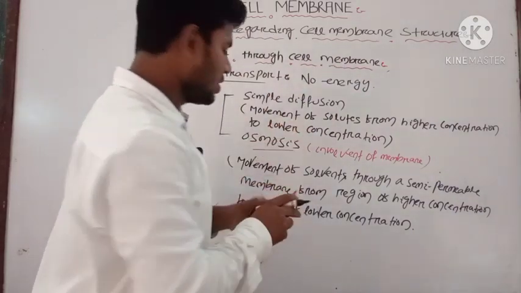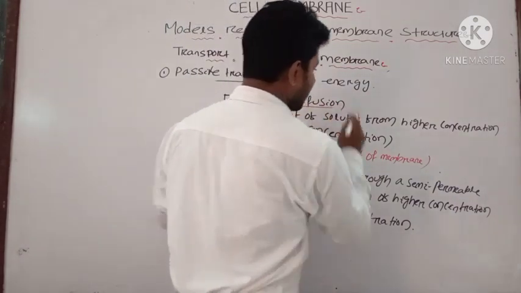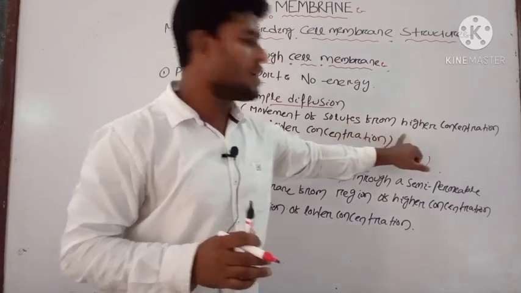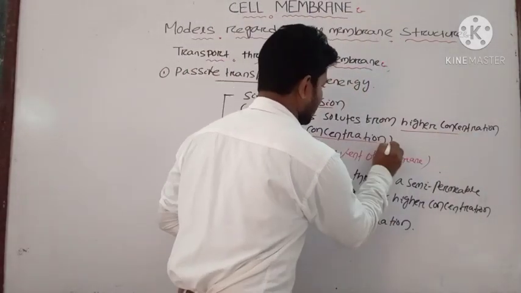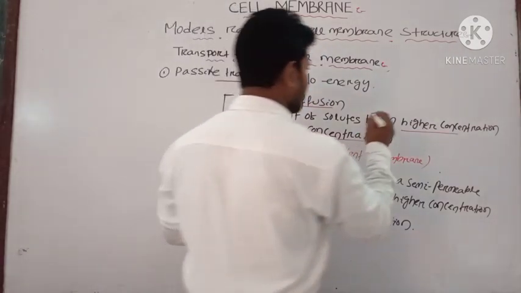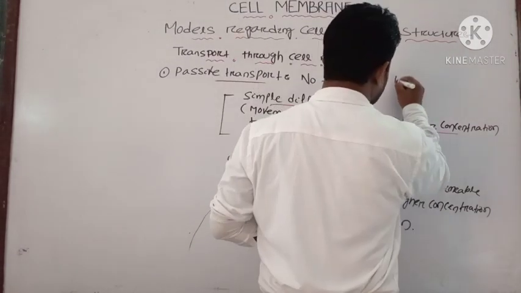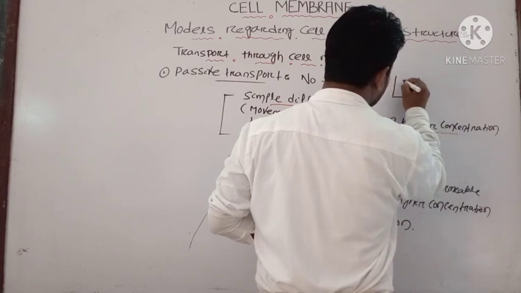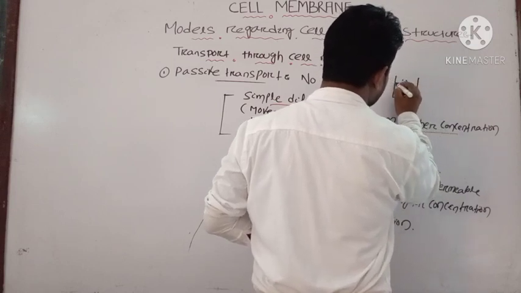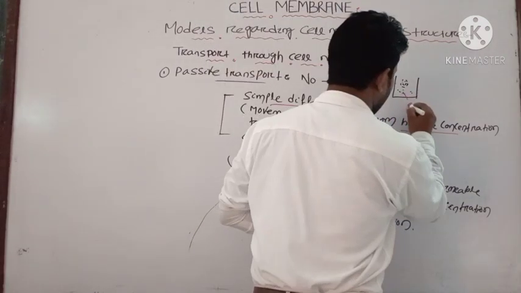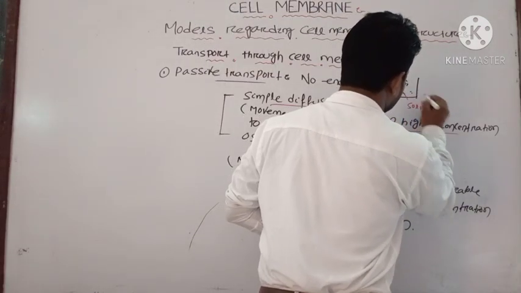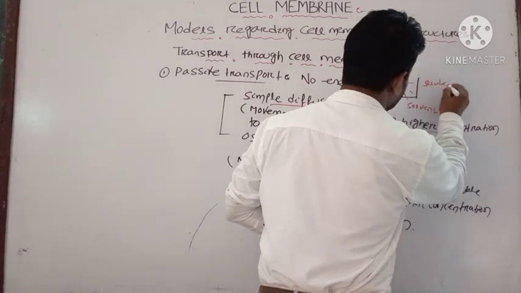Okay, here in the simple diffusion process, we see there is transport of solutes from higher concentration to lower concentration. Suppose this is one of your cells which has more solutes. This is your solvent and this is your solute.